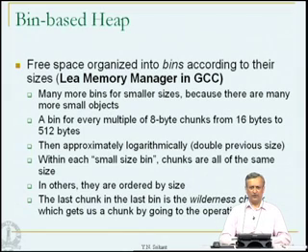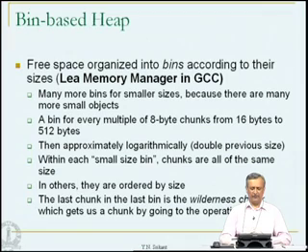Many more bins for small sizes exist in such a manager, because there are many more small objects than large objects. That is the statistical information. Small sizes are used many times, whereas large sizes are not used so often.